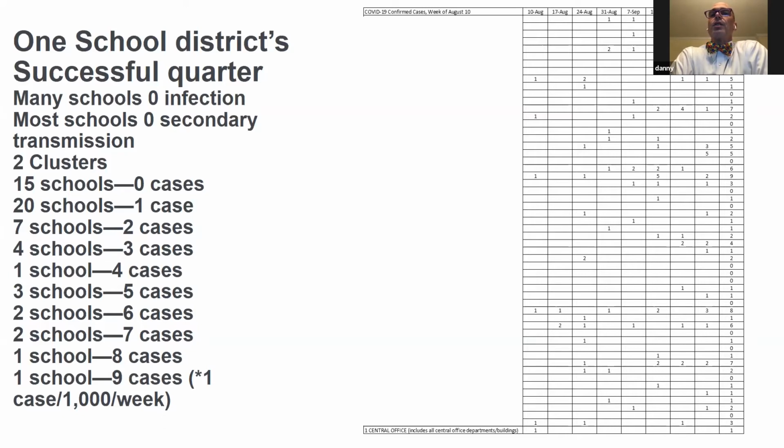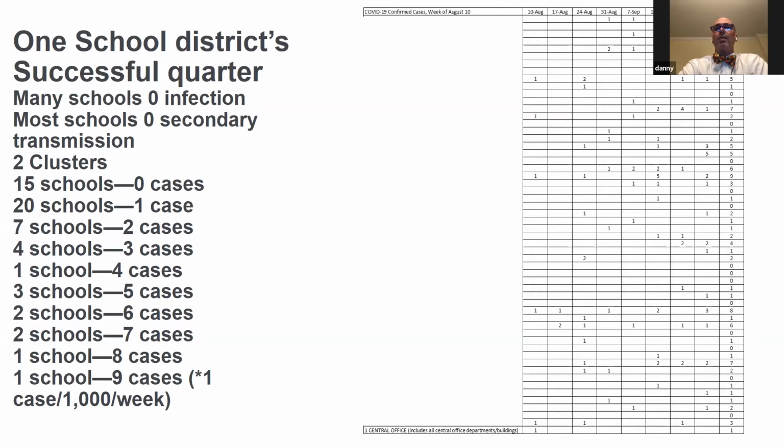And this shows in a very busy slide the number of cases at each school in this particular district. So this is a fairly large district. There's more than 20,000 students and a total population of students and staff of over 30,000 in this district. You've got a school district here that is about 50 schools in total.